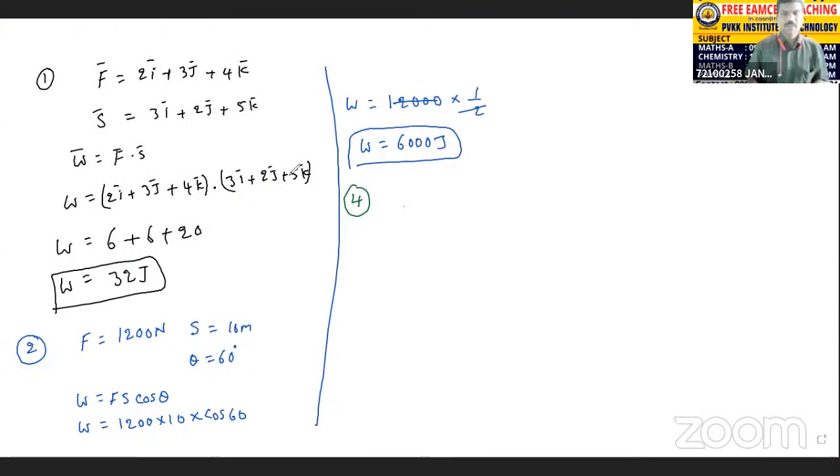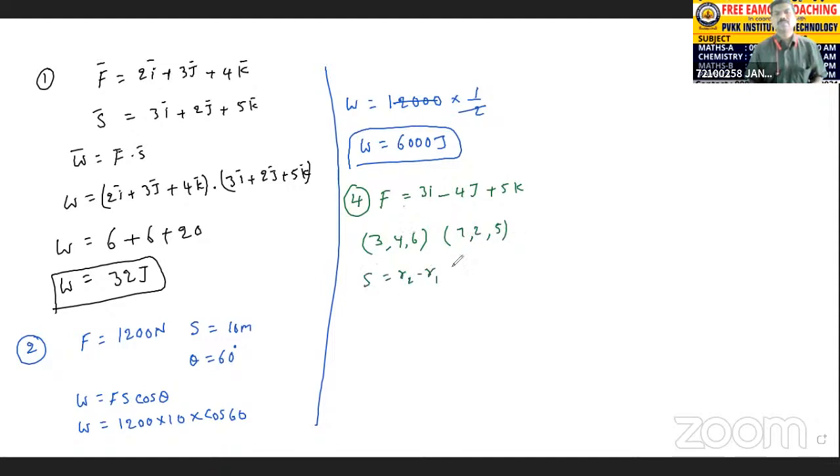So F is equal to 3I minus 4J plus 5K. The two points are first point 3, 4, 6 and another point 7, 2, 5. You know that displacement S is equal to R2 minus R1.